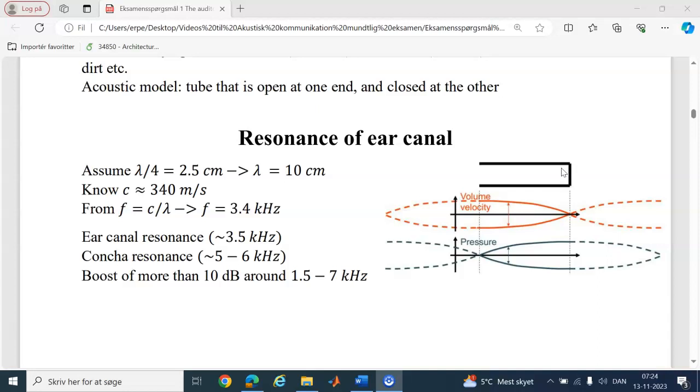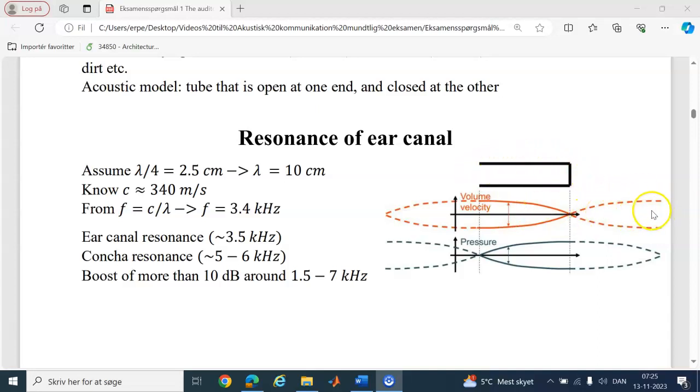So you can say the volume velocity is zero at the closed end, and the amplitude is maximum at the open end. It's opposite to pressure. Pressure is maximum at the closed end and minimum at the open end.